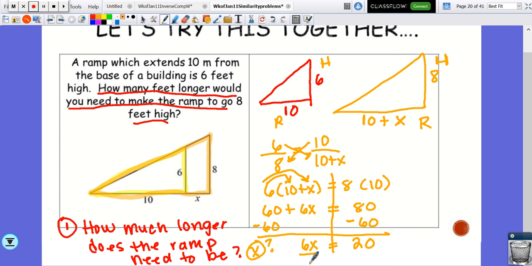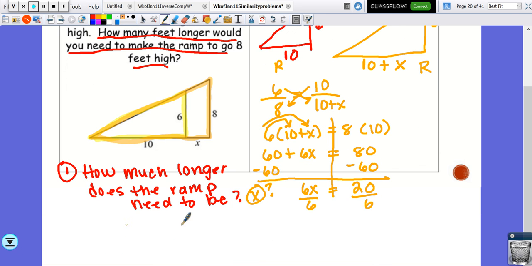And then here we're going to divide by 6. Divide by 6. And we're going to get x equals, and we're in the big boys game now, so I don't want you to turn this into a decimal. You can use decimals, and let me show you how to use that fraction key in decimals.